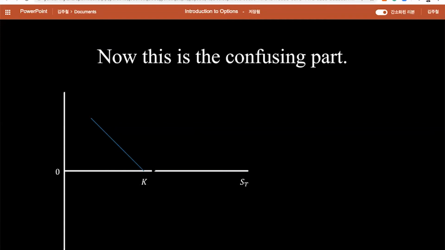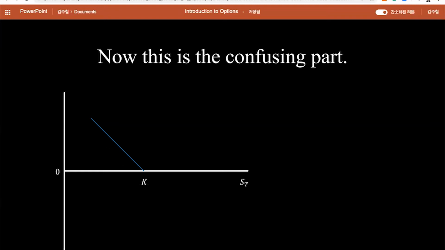Actually, it was a part of the short position in a forward contract, and the short position of the forward contract is a person who promised to sell something, and in this part, this is his right to sell the product. Which is a good thing because the profit is positive.